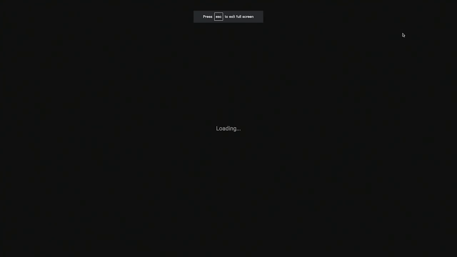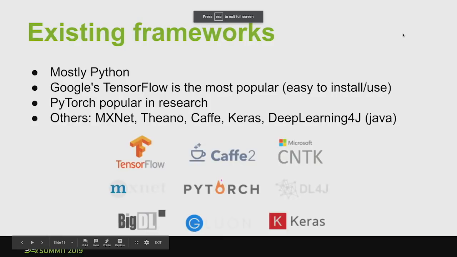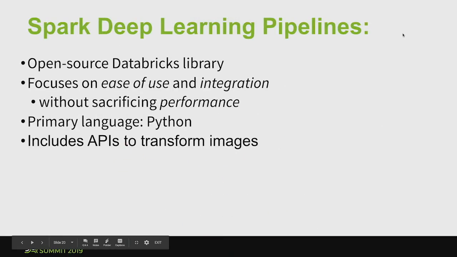To do that, we used this package called Spark Deep Learning Pipelines, which allows us to load that persistent TensorFlow model, and we can run model inference at scale with Spark, and we can take a closer look during the demo today.